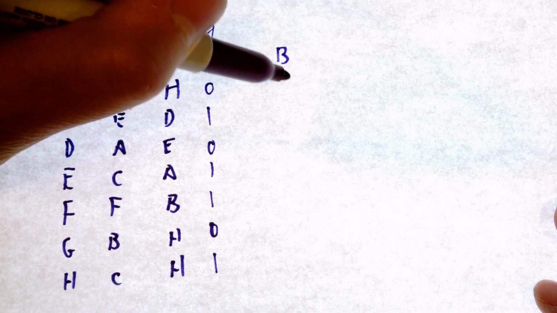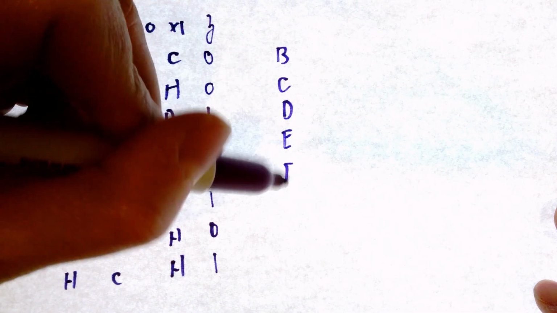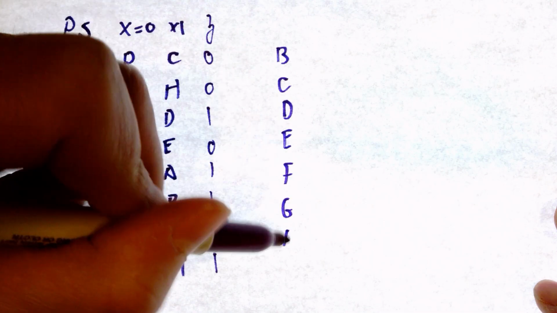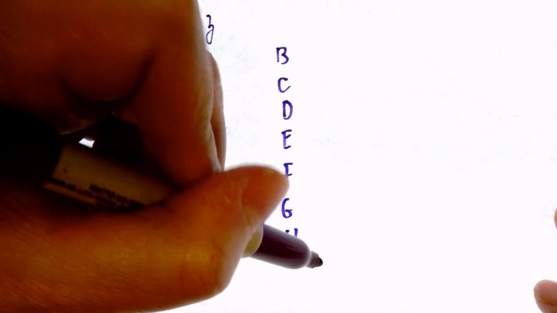Let's start by lettering from B and going through H. And then we'll start from A and go to G.